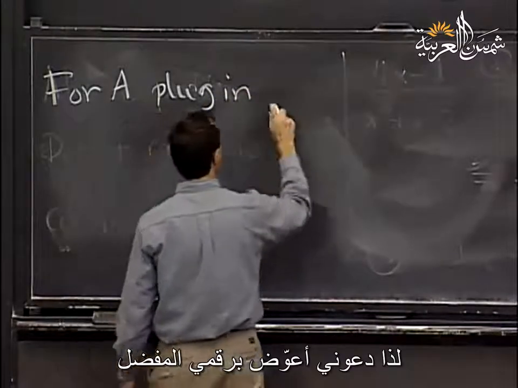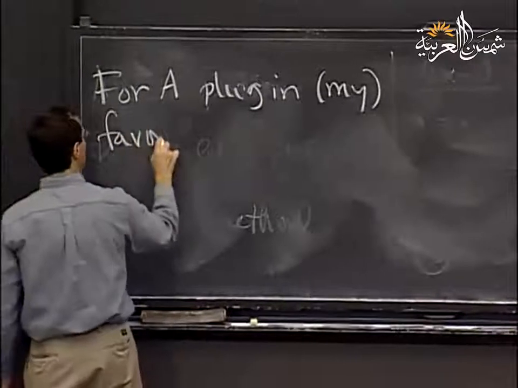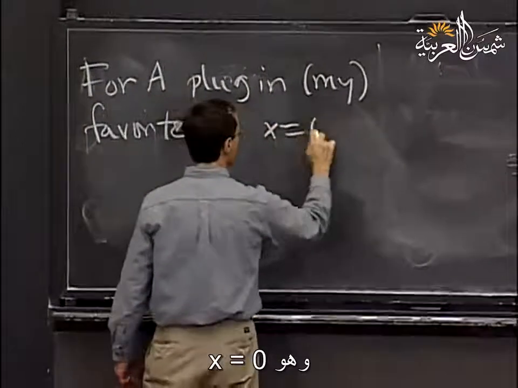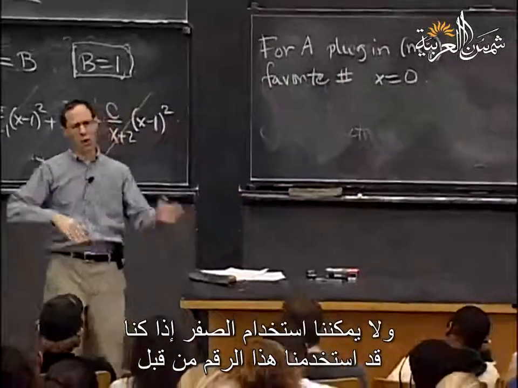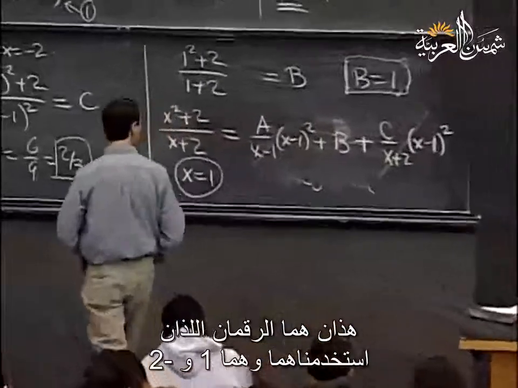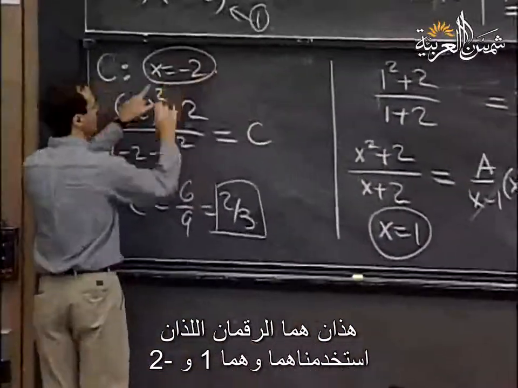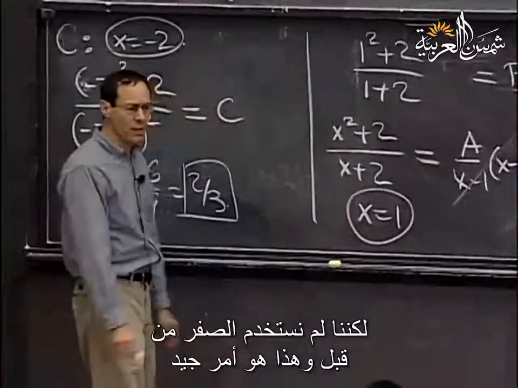So plug in my favorite number, which is x equals 0. And you won't be able to plug in x equals 0 if you've already used it. Here, the two numbers we've already used are x equals 1 and x equals minus 2. But we haven't used x equals 0 yet, so that's good.